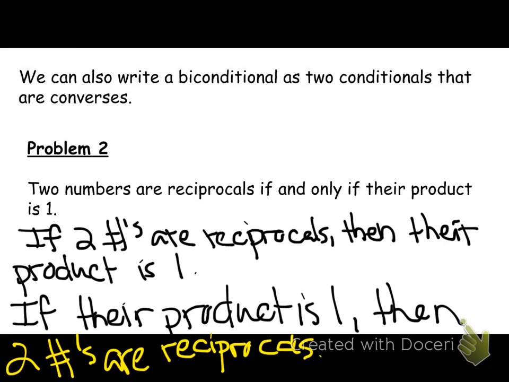If two numbers are reciprocals, then their product is 1. That's the conditional statement. And then the second one is the converse of that. So we want you to be able to do two things. Put two together as a biconditional and take the biconditionals back apart.